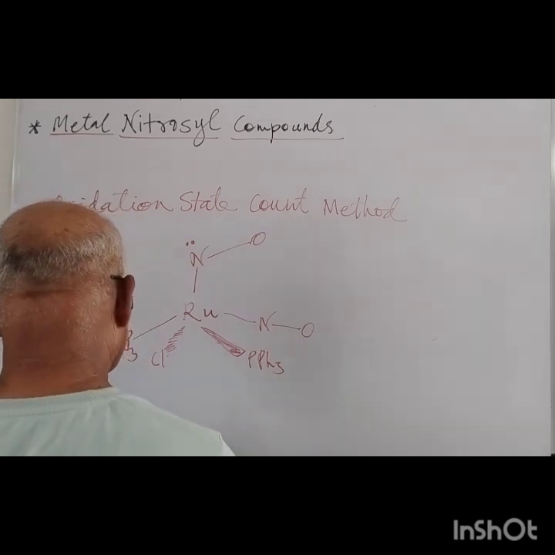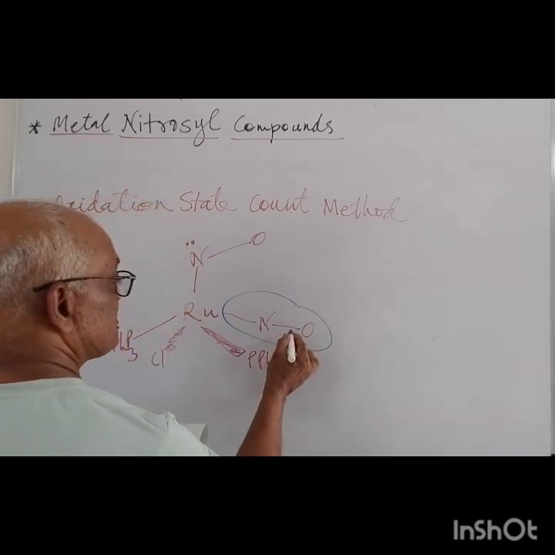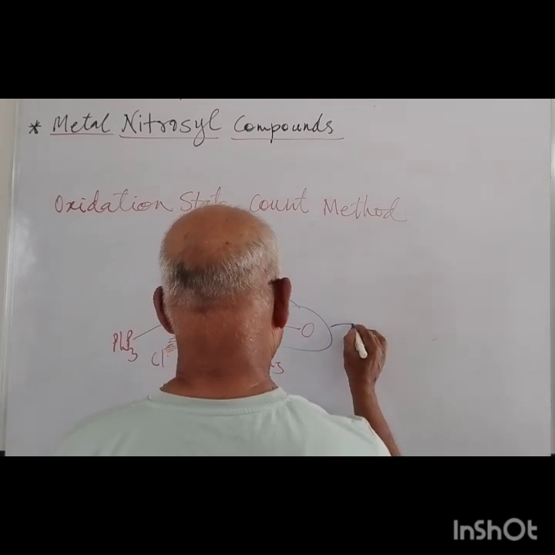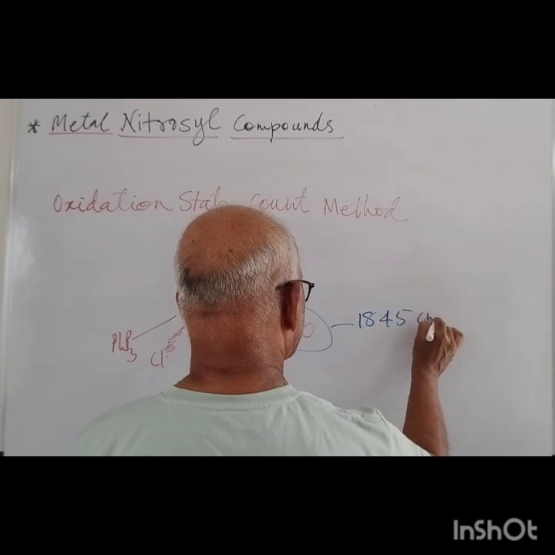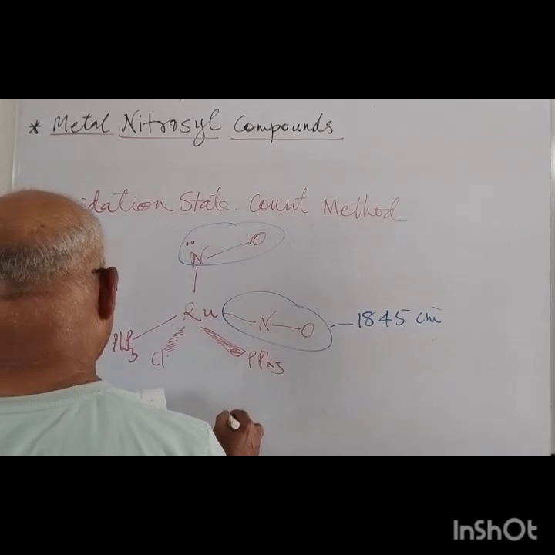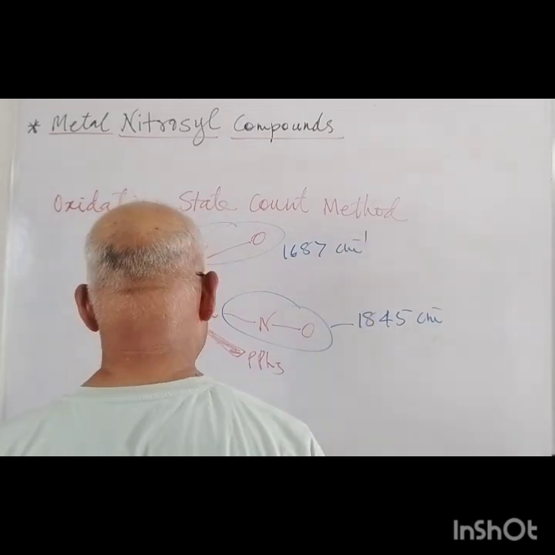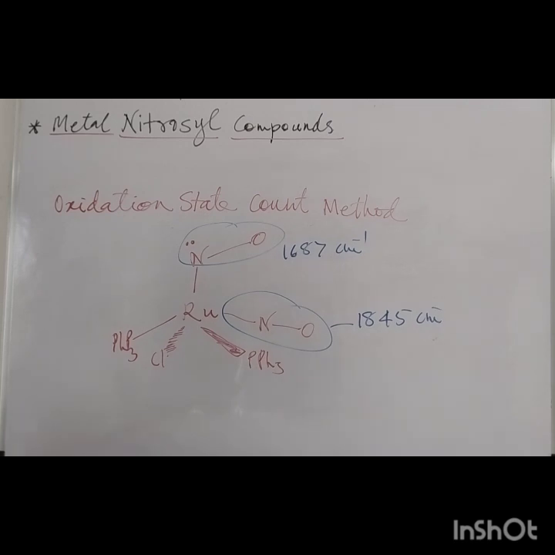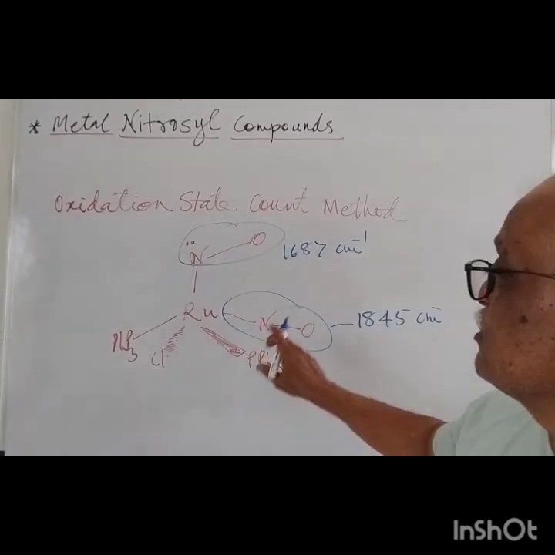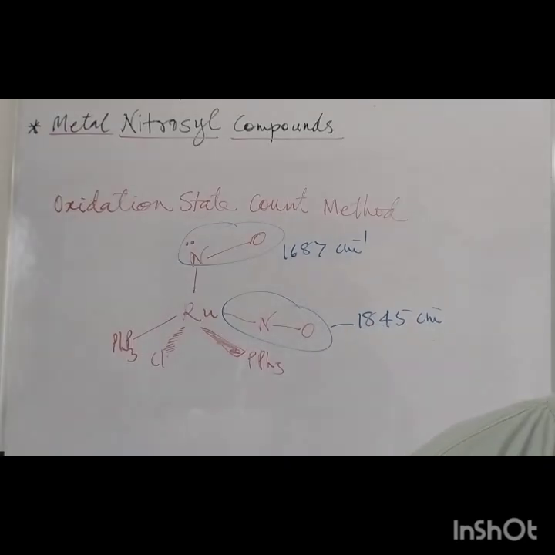The linear structure shows absorption of this NO at 1845 per centimeter, whereas the bent nitrosyl group shows absorption at 1687 per centimeter. So you will find the difference in absorption, and that can be easily correlated with whether it is the bent group or a linear nitrosyl group.